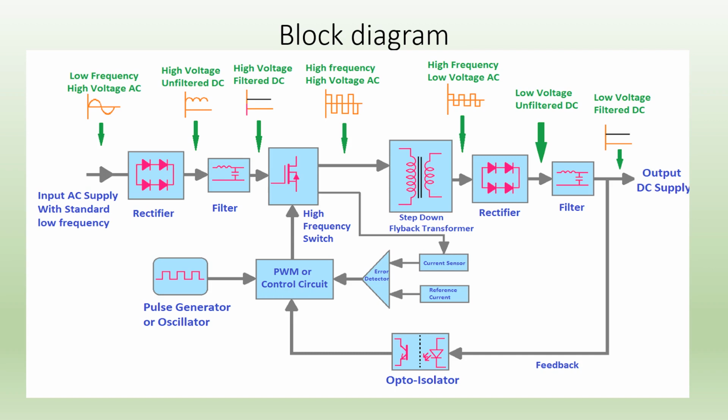According to current or voltage, our PWM will vary, and this PWM or gate pulse is given to the MOSFET. So this is our complete block diagram of SMPS.